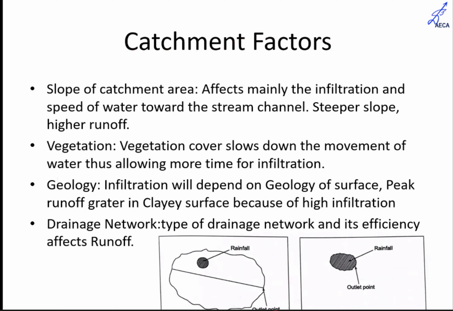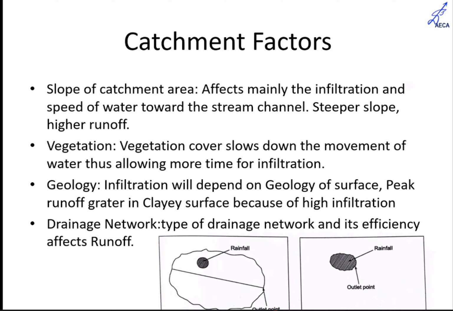Now, catchment factors which affect the overall estimate of the discharge are, first, the slope of the catchment area. Steeper the slope, higher the runoff. Then vegetation: the vegetation will slow down the runoff and give more time for infiltration into the soil.